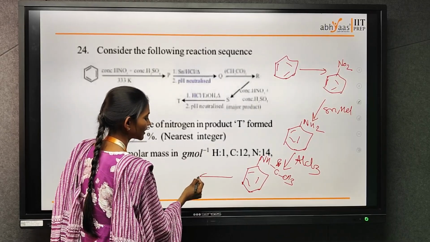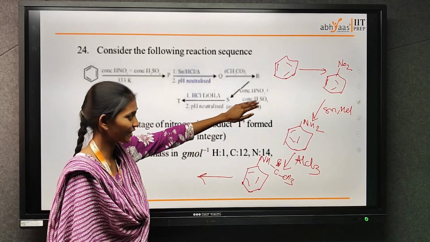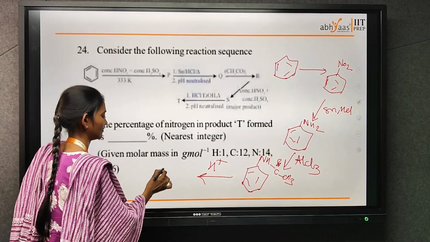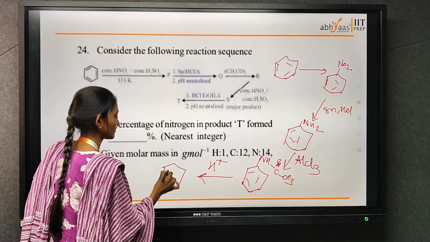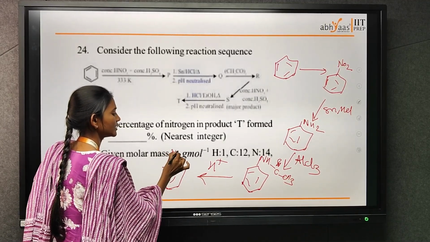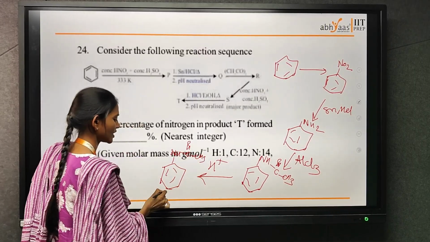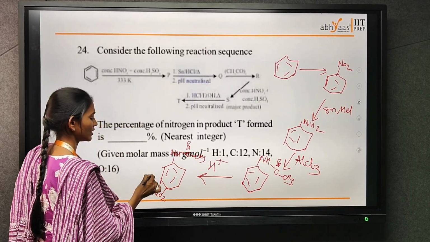So after doing it in the presence of again concentrated nitric and concentrated sulfuric acid, what we are getting here is NH, C double bond O, CH3, with an NO2 group.